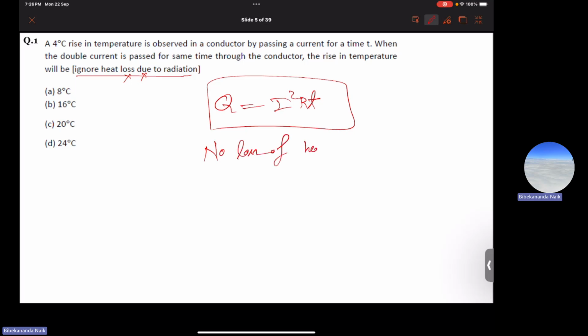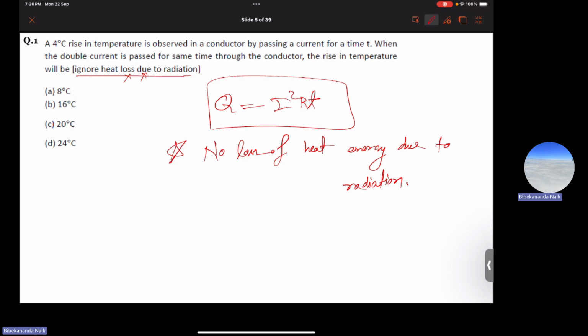And this is the condition that there is no loss of heat energy due to radiation.